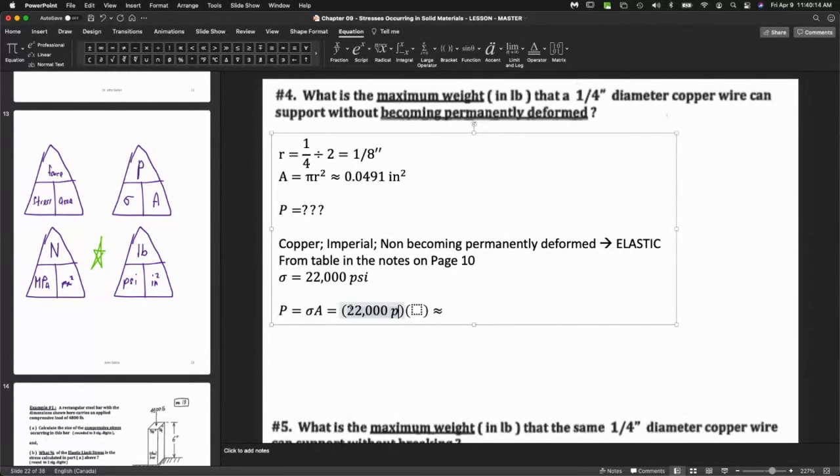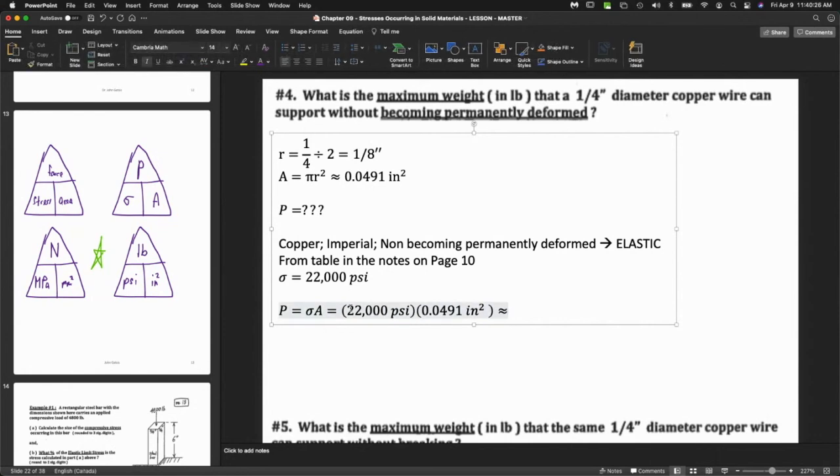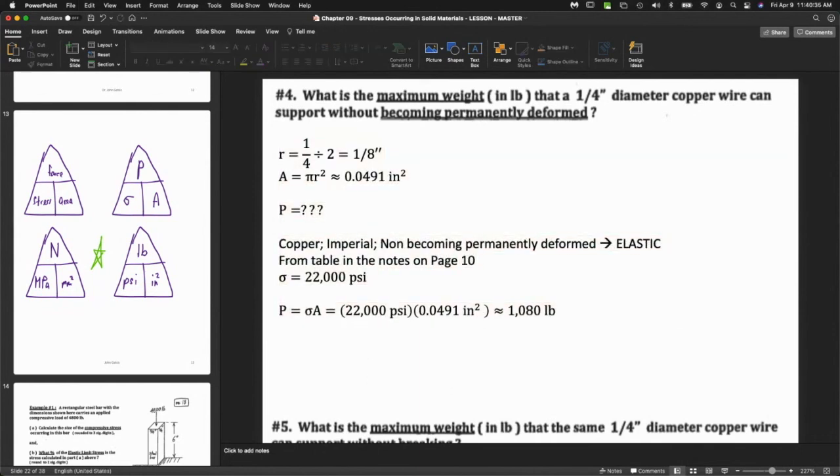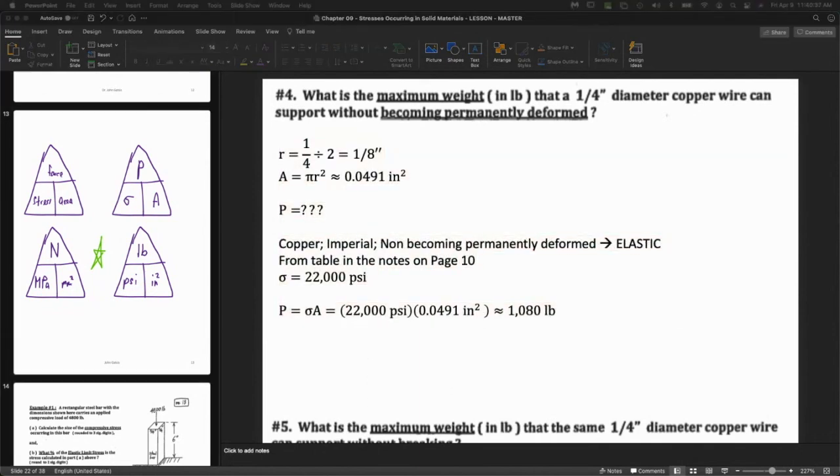We have 22,000 psi, we have the area, which is 0.0491 inches squared. And if we round that to 3 sig figs, I got 1,080. Can someone confirm? Anybody else get 1,080? Sweet.